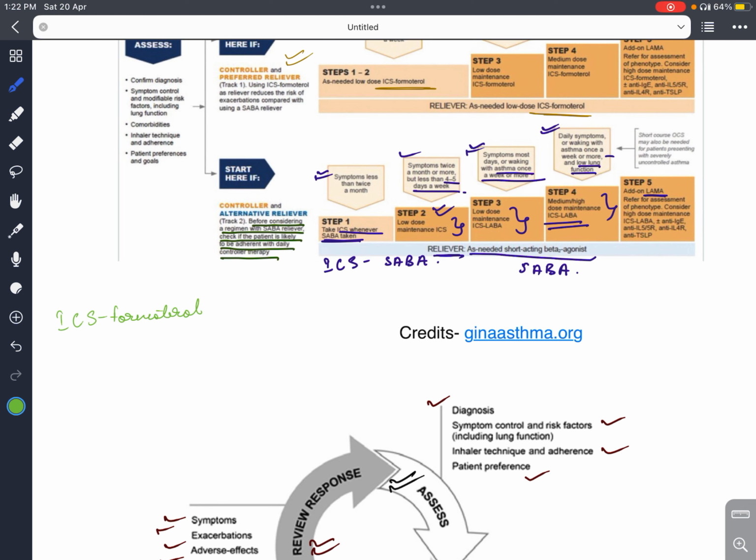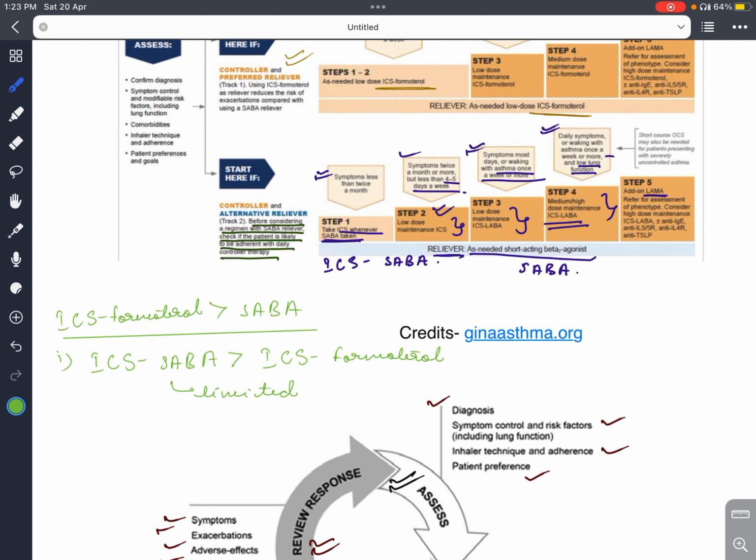This was done because there was evidence showing that ICS SABA had comparatively limited actions than ICS formoterol. This was limited.